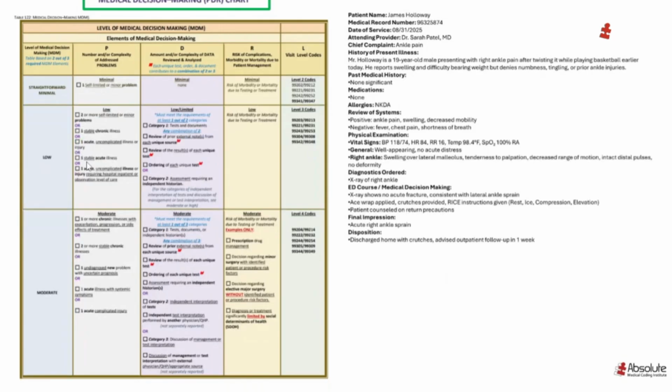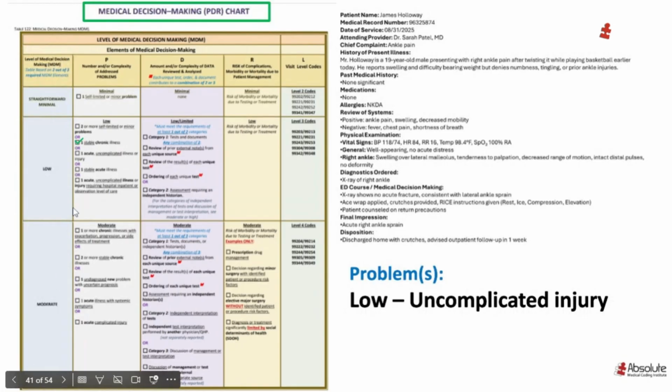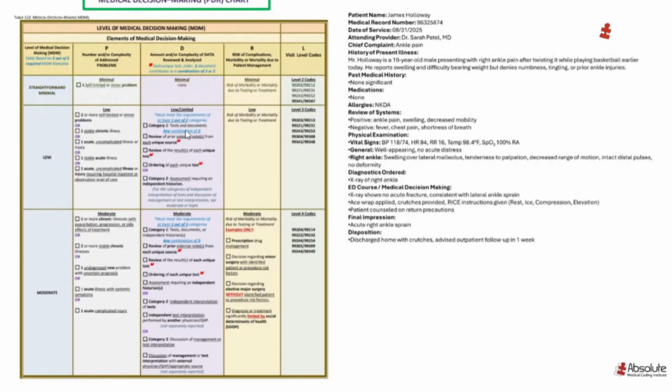I tried to fix it, but it is in the low range. It is 1 down. Anybody disagree? I think this is very similar to the previous encounter. It's low acute, uncomplicated.